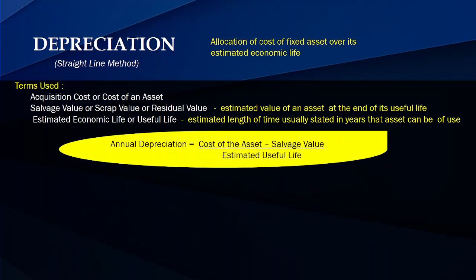We'll be using the straight line method in our presentation. So this is our formula to compute the annual depreciation: the cost of the asset less the salvage value, over the estimated useful life.